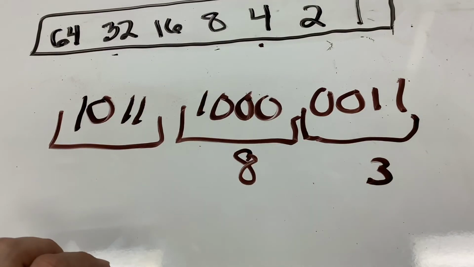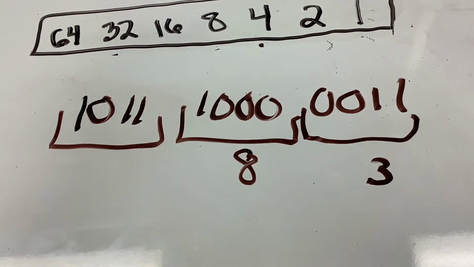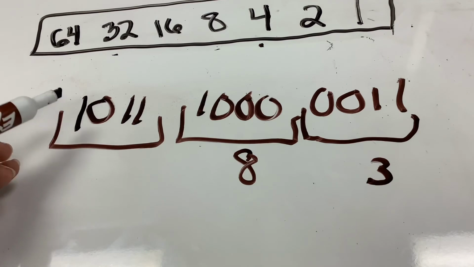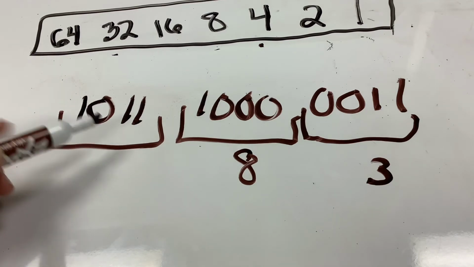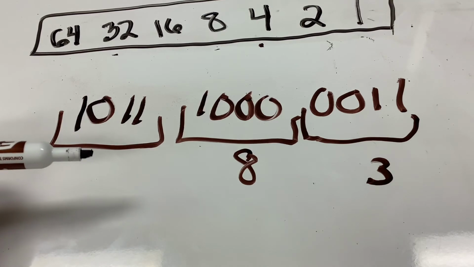So now we've got a number that is greater than 9, and so I would have to be using the hexadecimal system. In this case, I would be converting this because this number is 11. I would need to convert whatever 11 is to a hex.